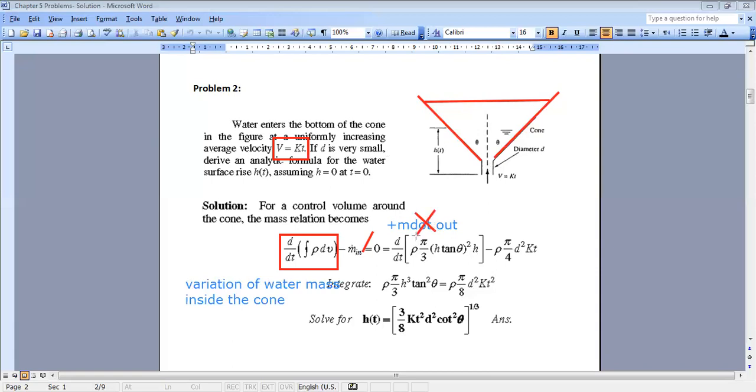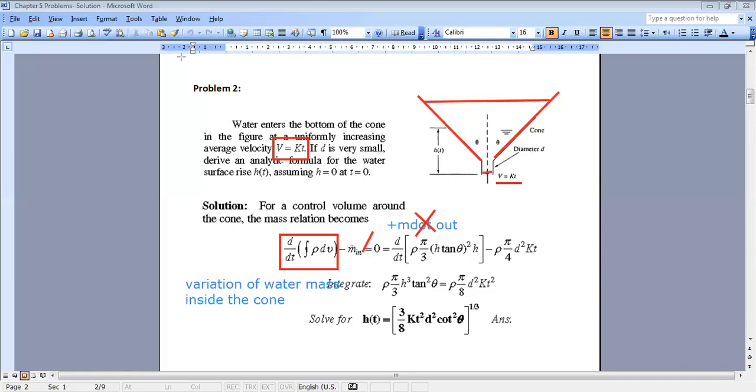Now, if I want to evaluate my terms, first for m dot in, it's very simple, because we have the inlet velocity and the diameter here.